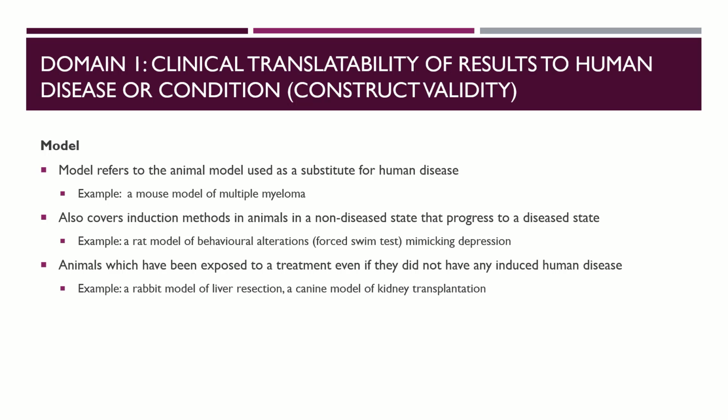Example, a rat model of behavioral alterations induced by forced swim test to mimic depression. It also includes animals which have been exposed to a treatment even if they did not have any induced human disease. For example, a rabbit model of liver resection, a canine model of kidney transplantation.